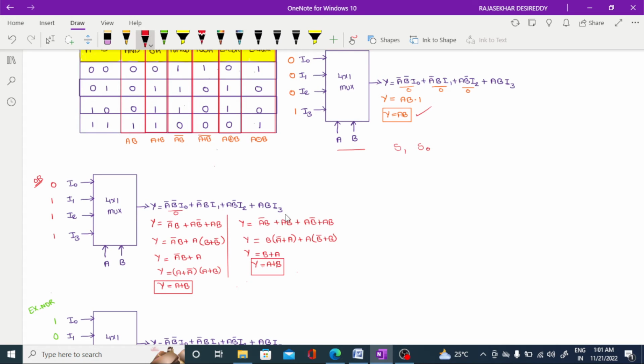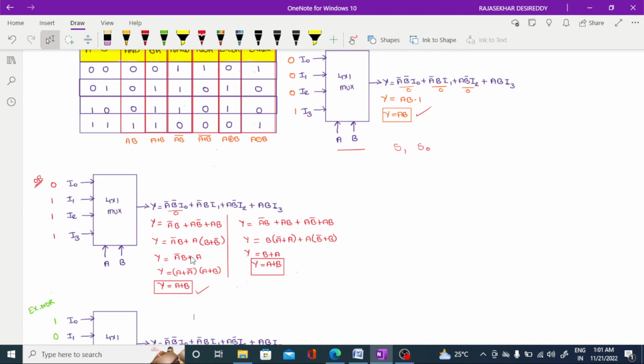Now we need to solve this Boolean expression. You can solve this method or that method, both are the same, right? I mentioned both the methods here. So here you will get A plus B.